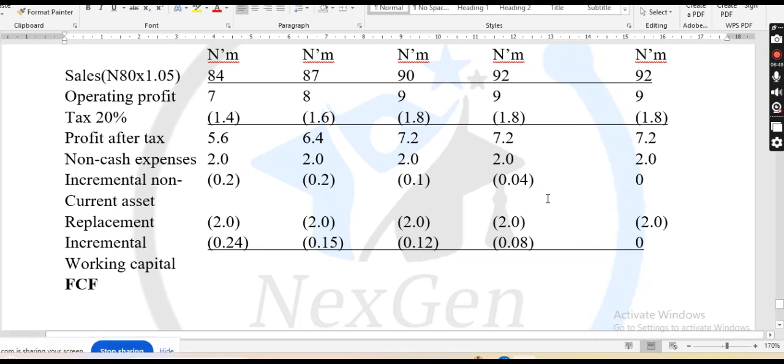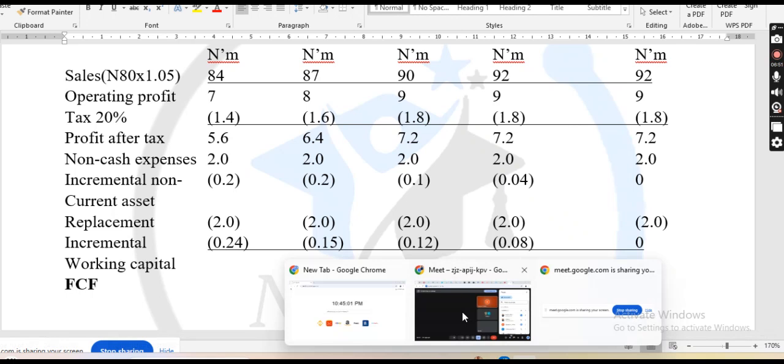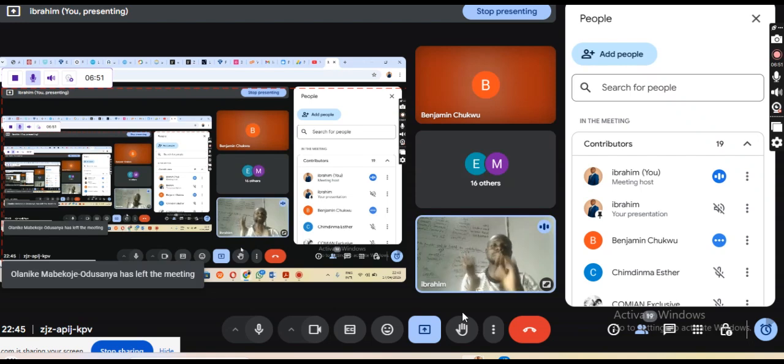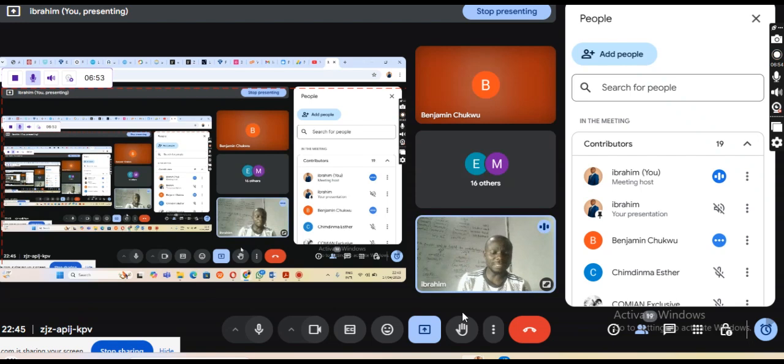Yes, that is part of the technicality of this question. What is the percentage increase? The percentage increase in the operating profit is 10%. Is that not so?